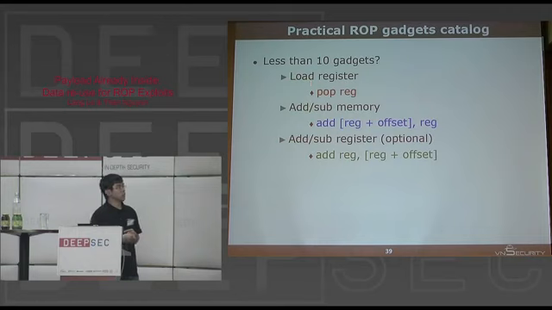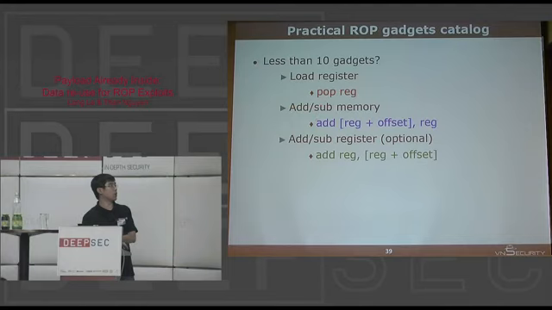So actually we need only a few gadgets. Basically we need one of the load register gadgets, we need one of the add or sub memory gadgets, and this one is optional. It's not necessary, but if something like this is available, we can do many more things.